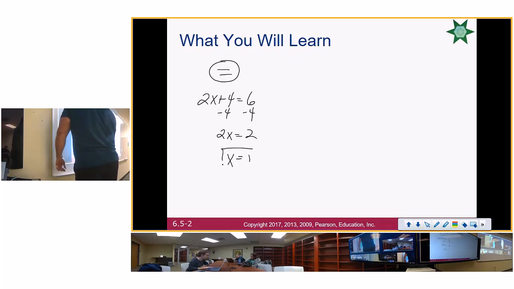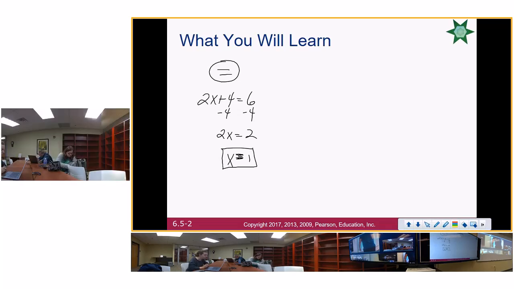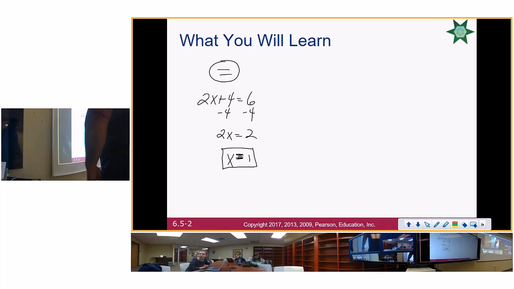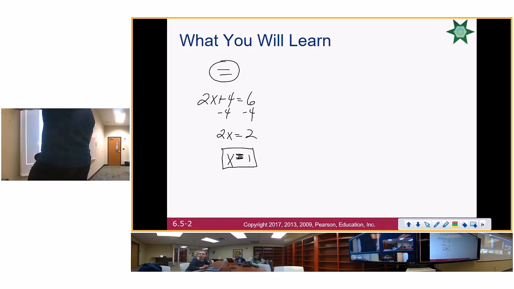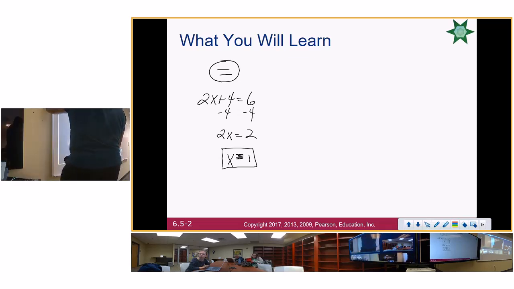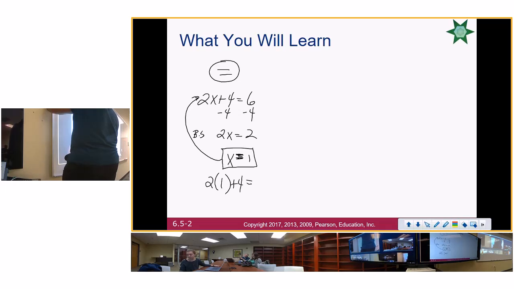Now, what does that mean? If I take that x and back substitute, I get 2 times 1 plus 4 is equal to 6. 2 plus 4 is equal to 6. 6 is equal to 6.